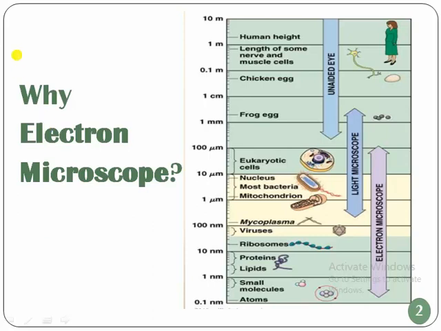It is clear by this picture. Here you can see the scale of the measurement unit of the particle, or you can say any material. So why is there a need of electron microscope?